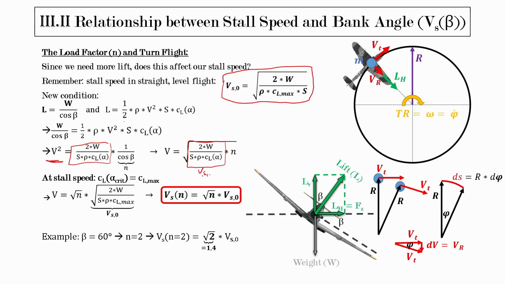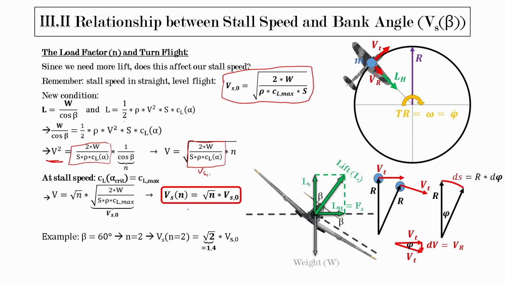So this is just our Vs. Now we are talking about alpha max, CL max, because we want to fly at the maximum alpha, which is where we're going to find our stall speed. So we plug in CL max in here, and then we get Vs naught, and we find this equation.